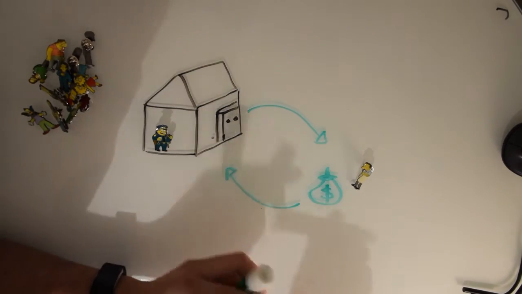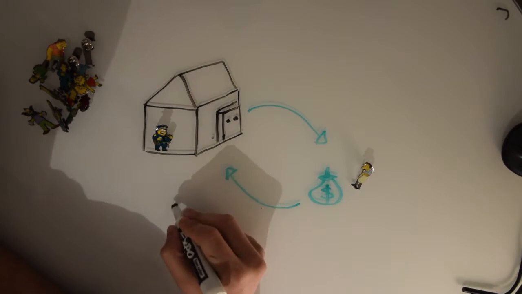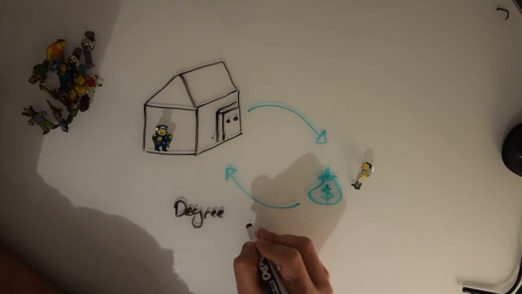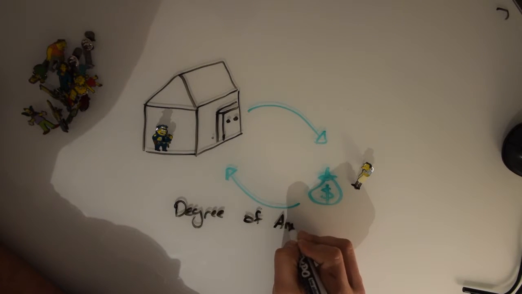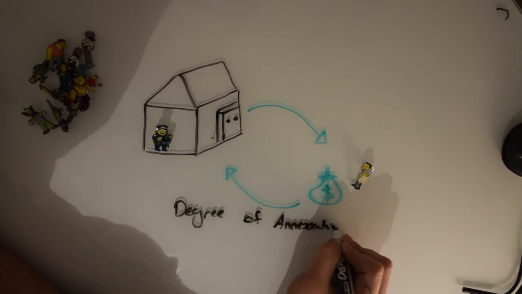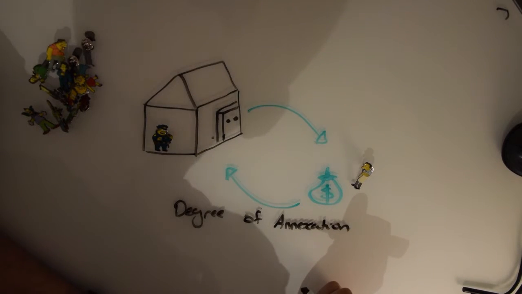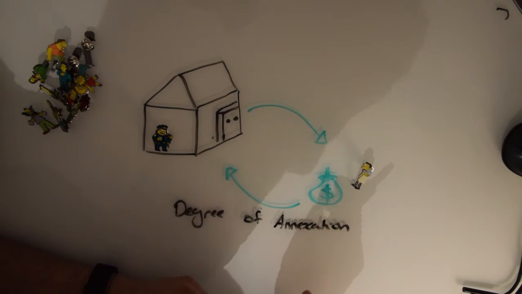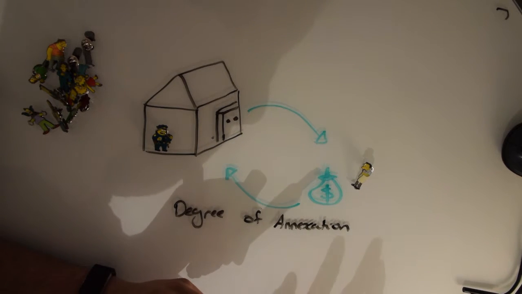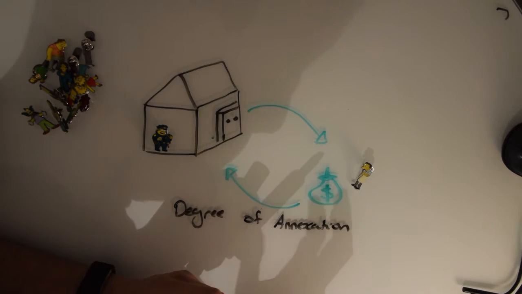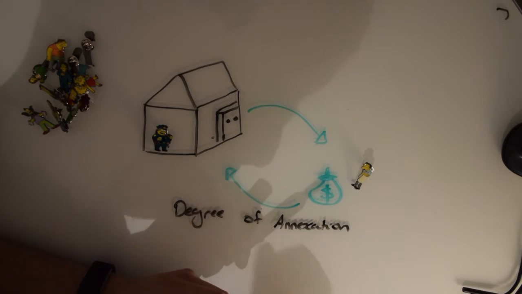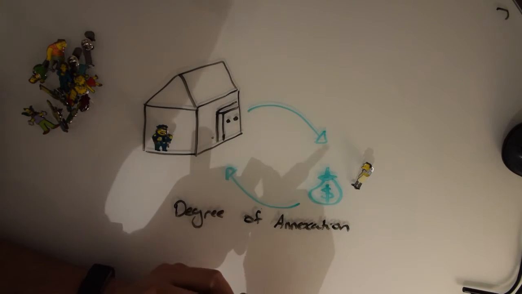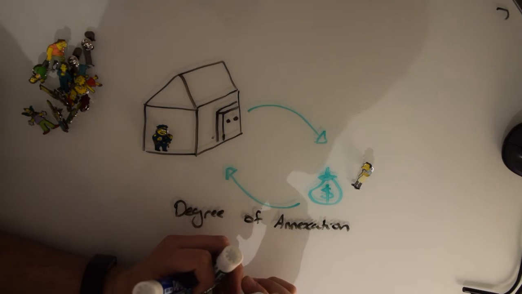So this is where the degree of annexation is examined. Whether or not the washing machine goes to Mo depends on certain things. So first of all, the nature of the chattel must be looked at. A washing machine.